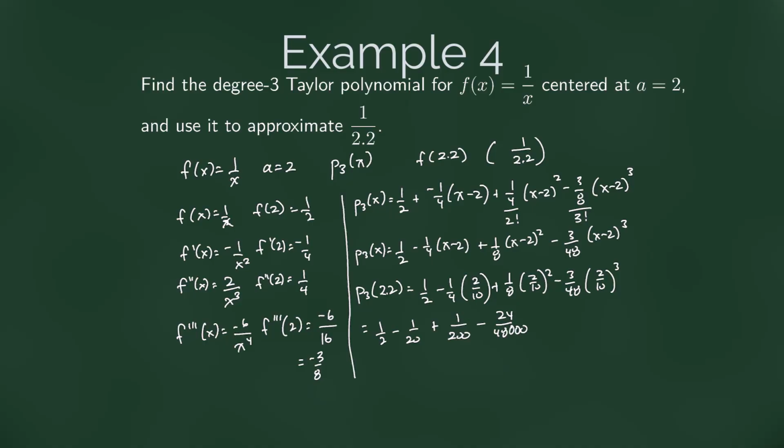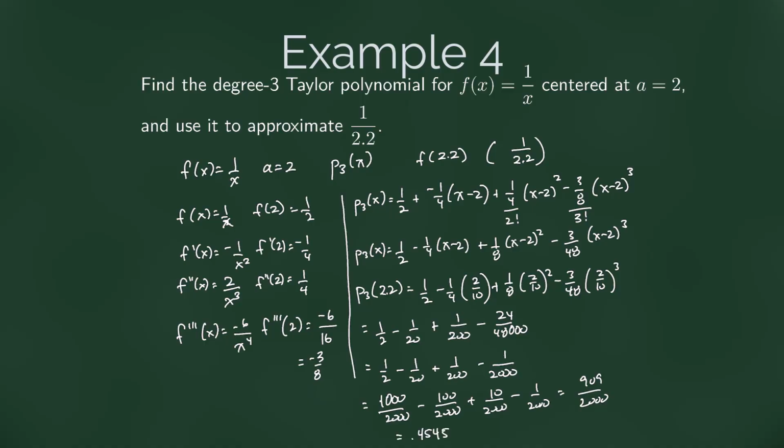So that becomes 1/2 minus 1/20 plus 1 over 200 minus 1 over 2,000. That's 1,000 over 2,000 minus 100 over 2,000 plus 10 over 2,000 minus 1 over 2,000, which gives us 909 over 2,000. 909 over 2,000 is 0.4545.